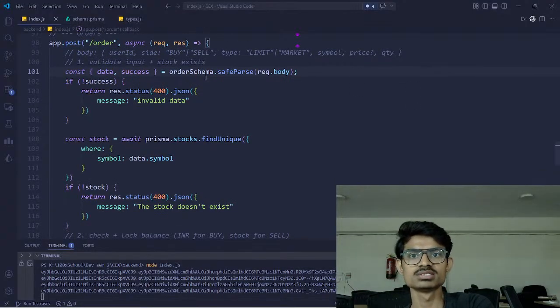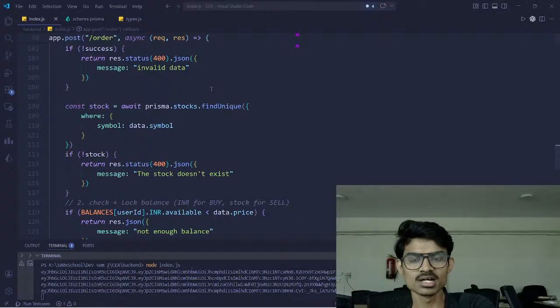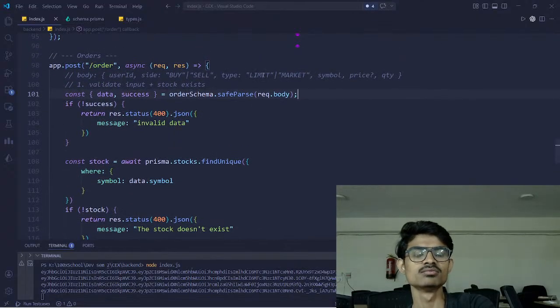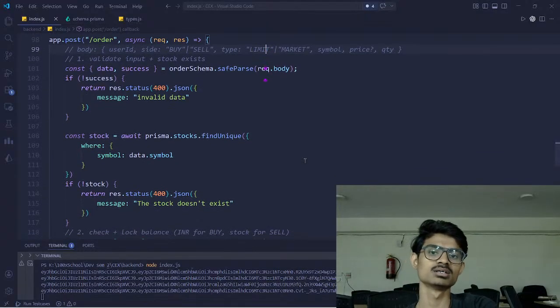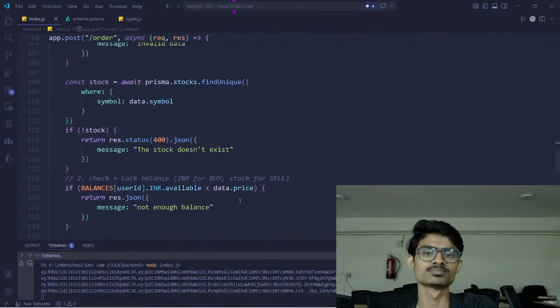So you have to consider all these cases. The case that I'm considering right now is just when I want to buy with a limit type. All right. So let's do that.